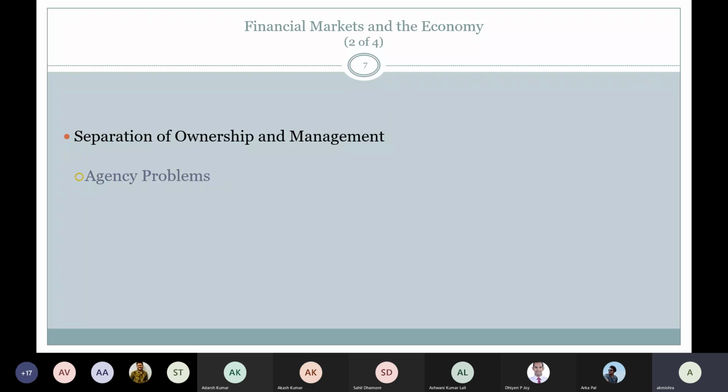The example that I have just discussed gives you a kind of clarity about what the agency problem is and how it arises. So this is basically a difference in the opinion of owner versus manager.